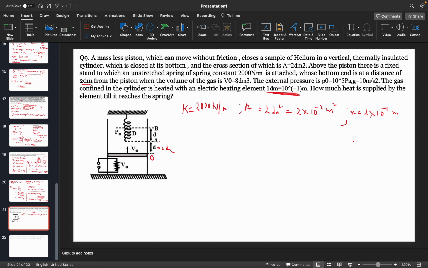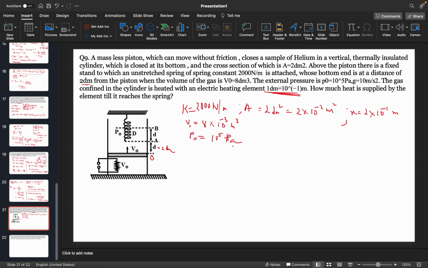Okay, 2 decimeter is given, and our initial volume here V0 is equals to 8 into 10 to the power minus 3 meter cube. Okay, so this much is given, and our initial pressure P naught is equals to 10 to the power 5 Pascal.